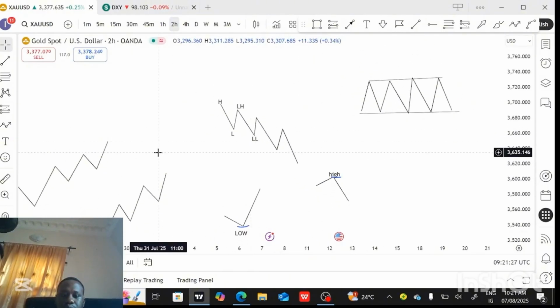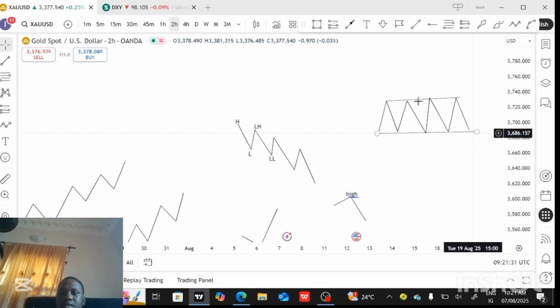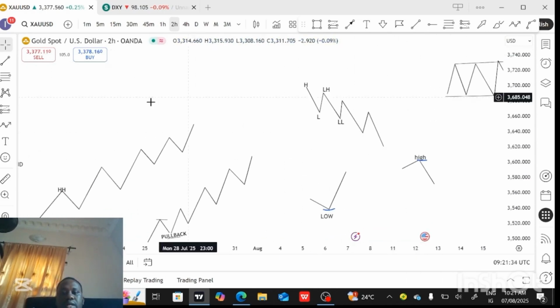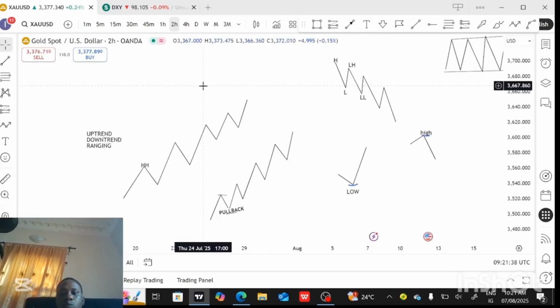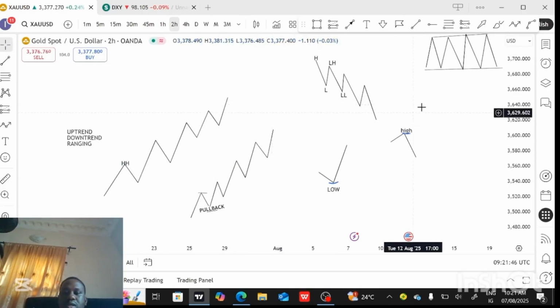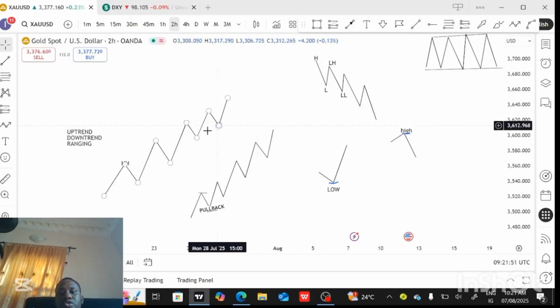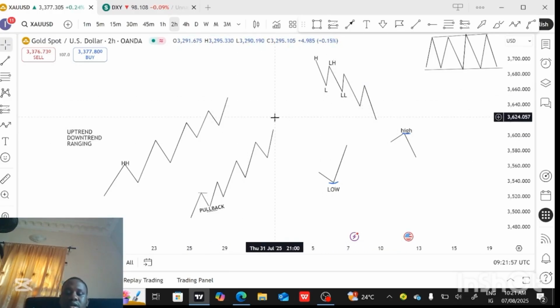So this is how to identify a downtrend, an uptrend, and a ranging market. In our next video, I'll be showing you how to mark out a valid pullback, how to know valid pullbacks, corrections, impulse, all those things. I don't want this video to be too long, so in our next video, I'll be showing you how to know pullbacks, when to trade, how to hop in, all those things.